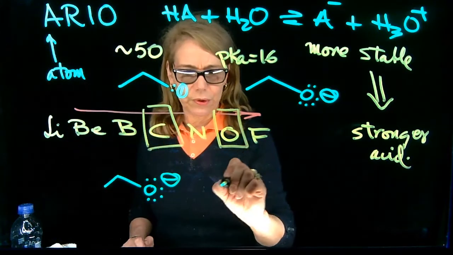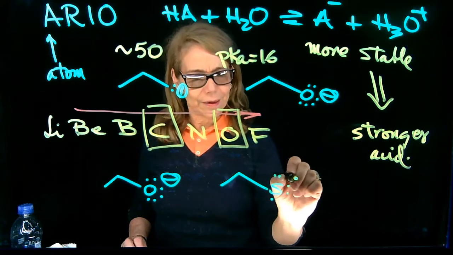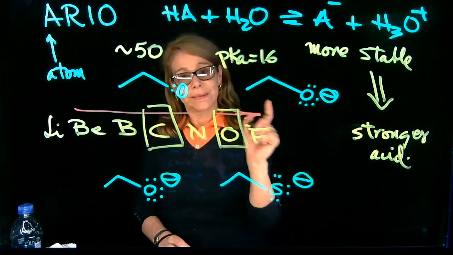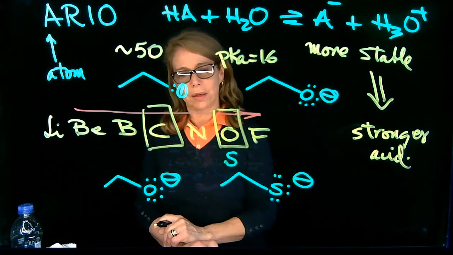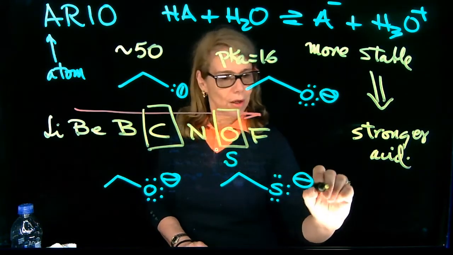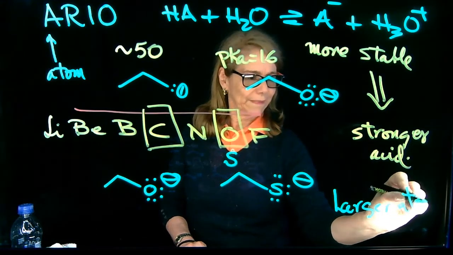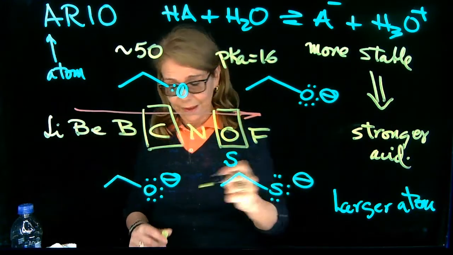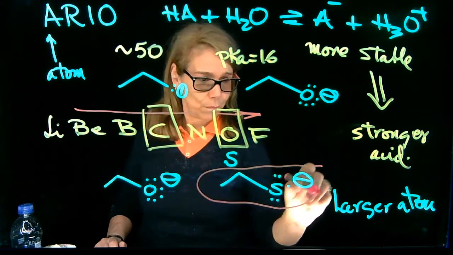Now this time we are comparing atoms, oxygen and sulfur, but they do not belong to the same period. Actually, sulfur is right below oxygen. That is, the atom is much larger. So being a larger atom, that negative charge is actually spread on a larger volume. So this anion, we're predicting that this will be more stable.